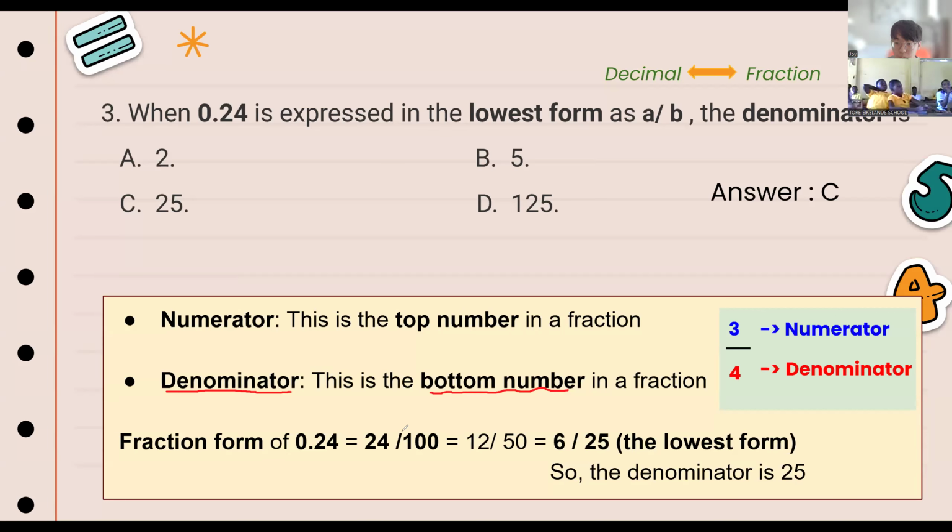So the steps that we've gone through is we converted this decimal into a fraction, and then we canceled and simplified this fraction into 6 over 25. It's just the lowest form. And in this lowest form, the denominator is 25.